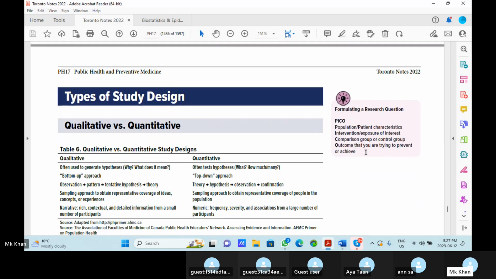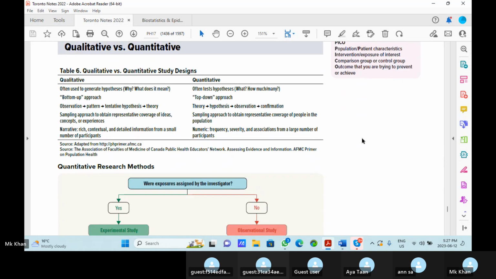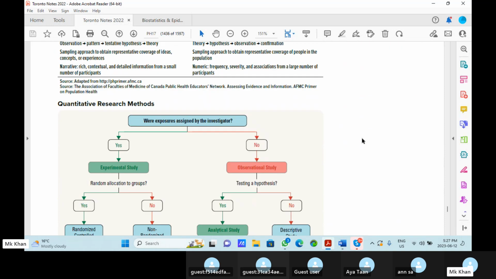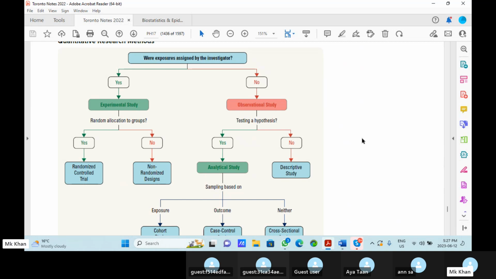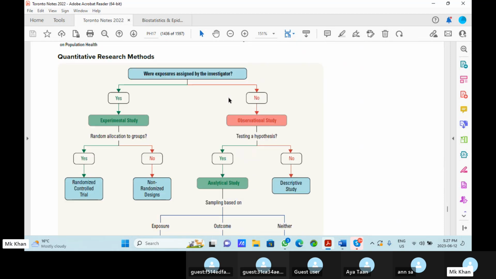So what are the different types of study? They are qualitative and quantitative. So we will see this chart. Basically there are observational studies and experimental studies. So, was exposure assigned by the investigator?